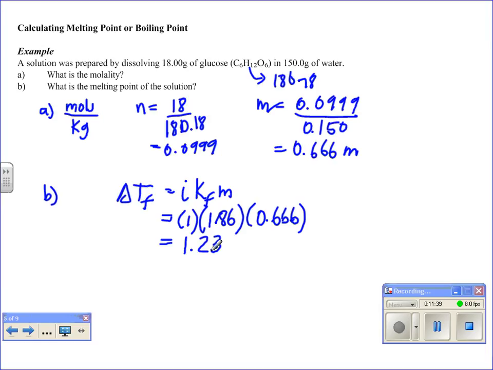So if we want to know what the actual freezing point is, our freezing point of normal pure liquid water is 0, and we are depressing it by 1.23. So the new freezing point of the water is -1.23 degrees Celsius.